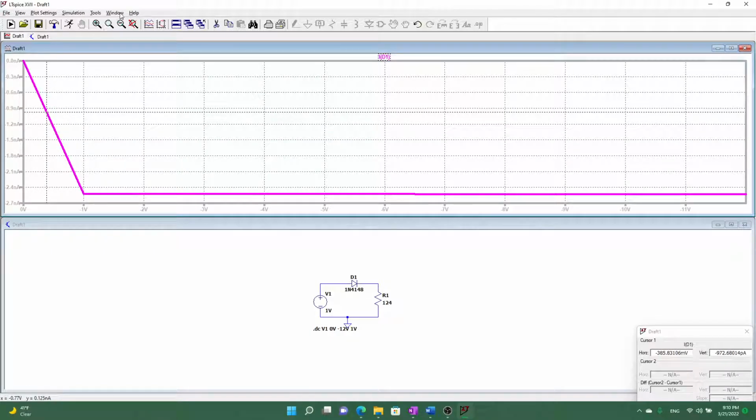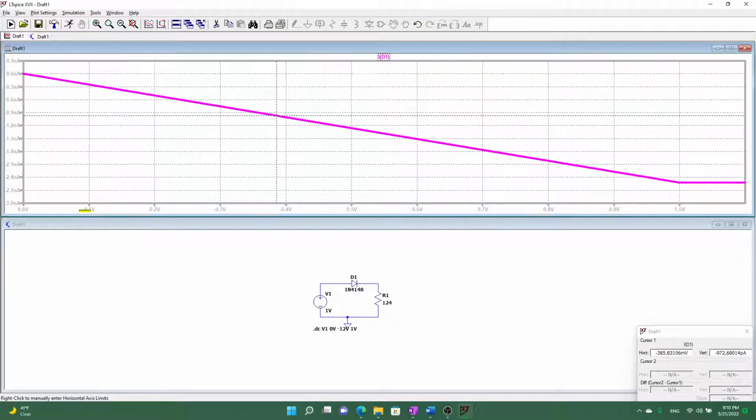So if we are to perform any kind of analysis, we have to perform it in the frame to the left side here, between 0 and -1 volt. This is where we can perform any sort of analysis.